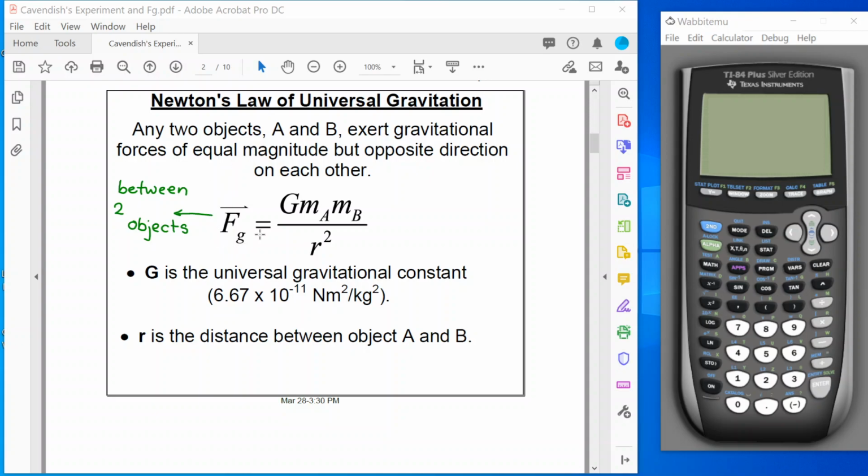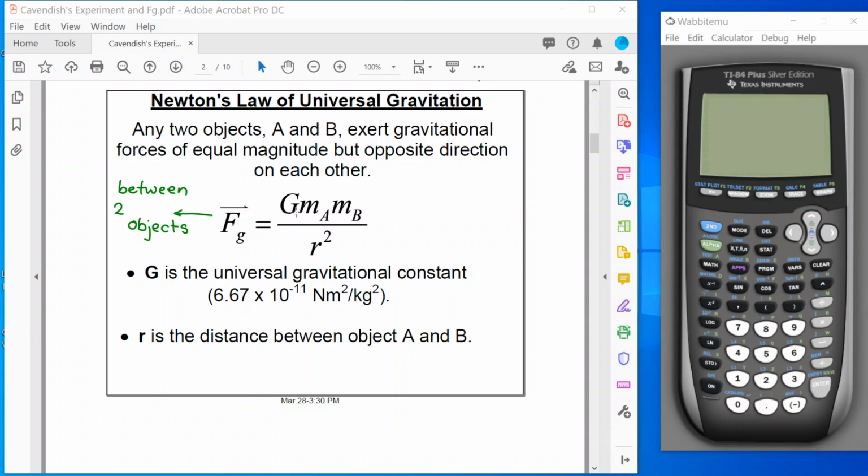So this formula allows me to calculate the gravitational force between two objects, which really means it tells me what the gravitational force on object A is, and it also tells me what the gravitational force on object B is. And remember, A is feeling a force because of B, and B is feeling a force because of A. This is the gravitational force that A and B are exerting on each other.